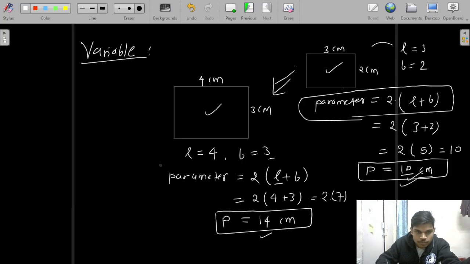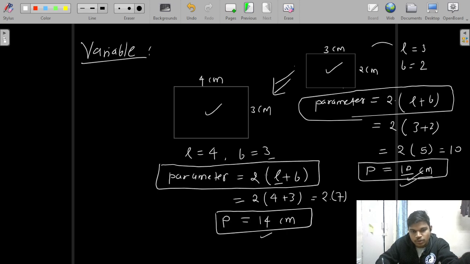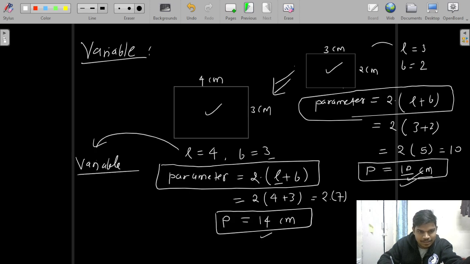Try to observe this formula: perimeter of the rectangle is equal to 2 times L plus B. You are changing the size of the rectangle, and its perimeter is changing. That means the length and the width of the rectangle are working as variables. Are they working as variables or not?